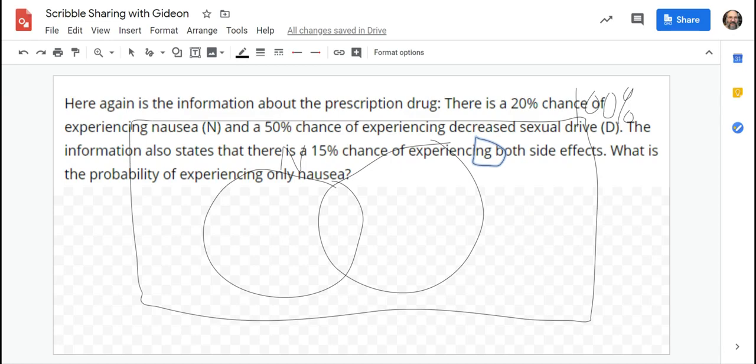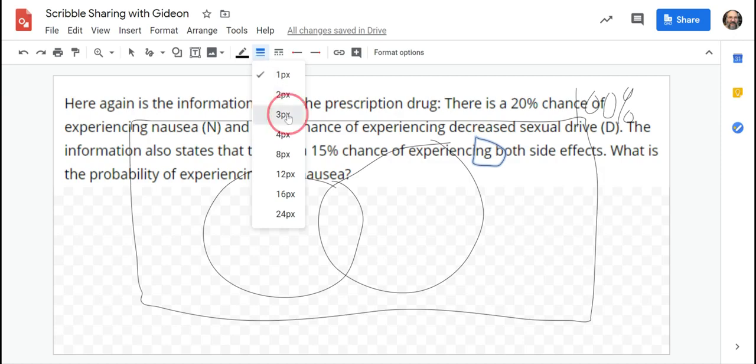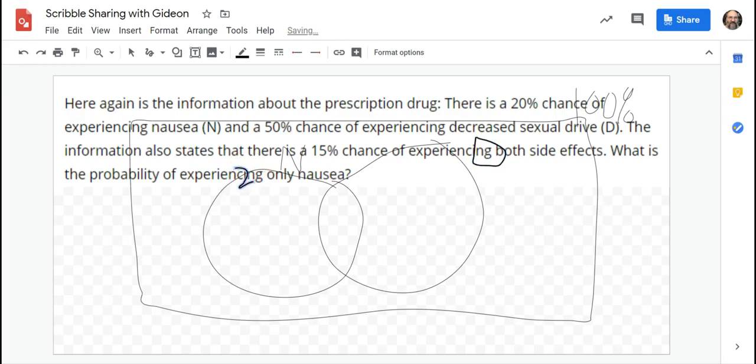So it says 20% chance of N. I'm going to do something maybe a little bit peculiar. I always like putting the 20 for the N right here. And similarly, the 50 for the D, I put here.